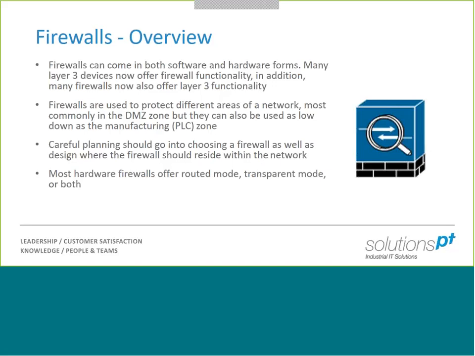Obviously Hirschmann offer these Tofino firewalls, which are, I say basic firewalls, but they're intended for a specific purpose, to protect a small ring of devices, if you will, a small ring of PLCs. So we can have them top to bottom, but generally speaking, we will see them protecting multiple networks, and because of that, we might have them further up the chain, if you will.